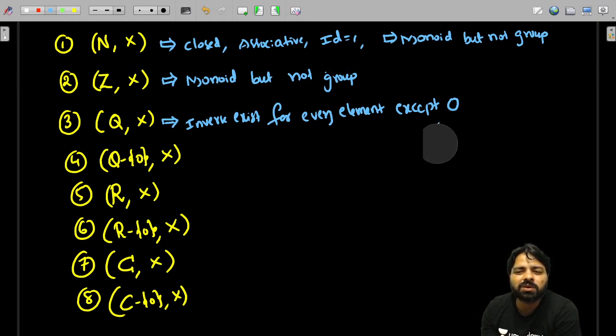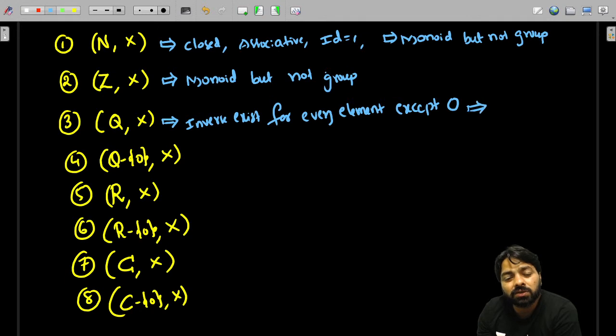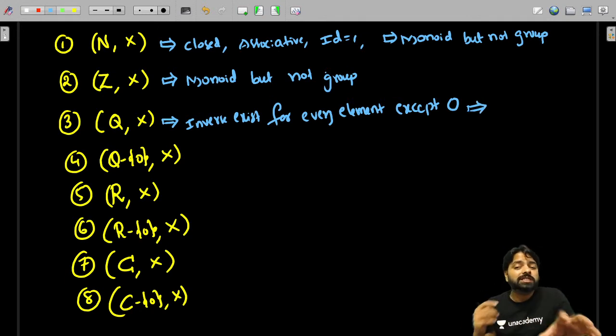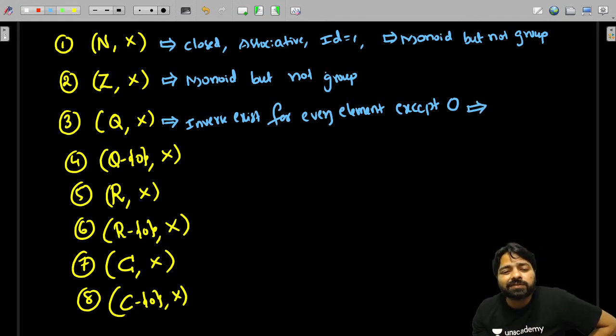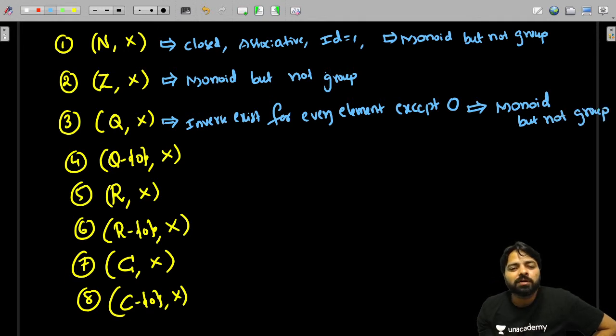So except 0 you have inverse, but still you can't apply the inverse property to that structure. So it can't satisfy the group. Still it is monoid. Because of one element, it was not a group. But when you delete that, it will become a group, and also it will become an abelian group, because commutative also satisfies.